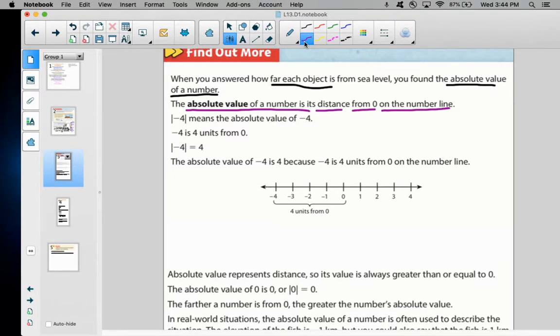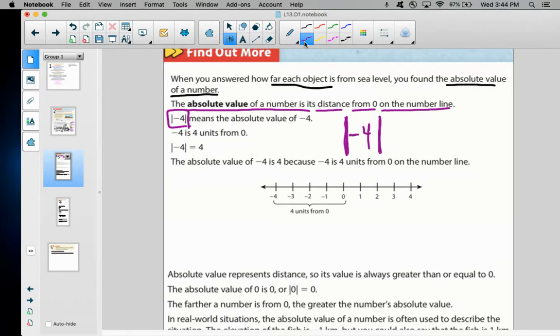There is a new notation that you've never seen before that means absolute value, and that notation are 2 vertical lines that are around a number. So you can notice that it's typed out here, and I rewrote it over on the side. The absolute value of -4 is noted with those 2 lines that are kind of like fences right around that number.